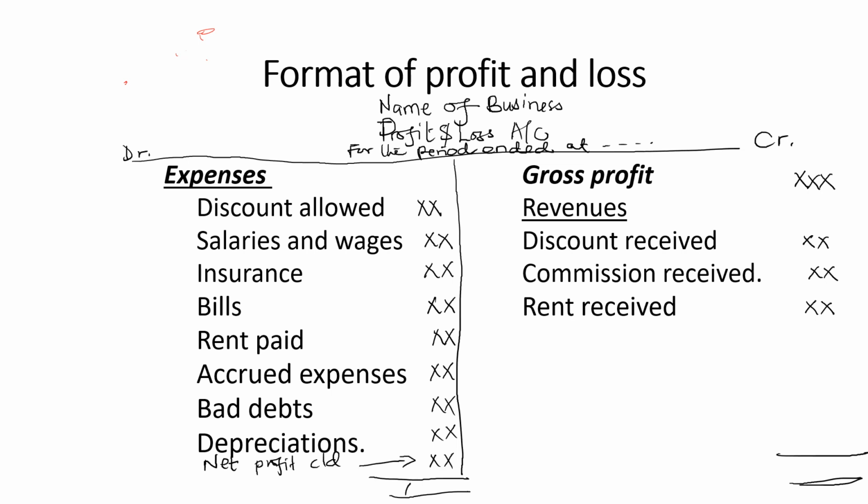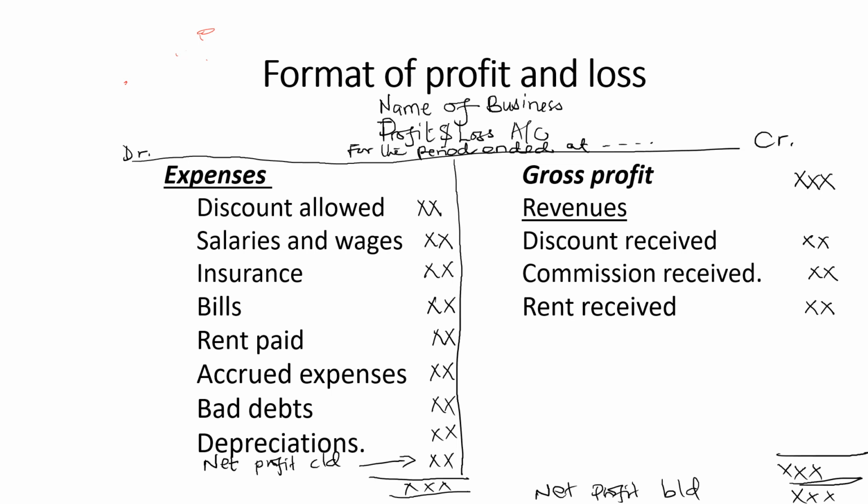Then is the total figure. Then below the total, we'll have the net profit. On the credit side, the net profit brought down and how much is the net profit. And this is basically the format of a profit and loss account.